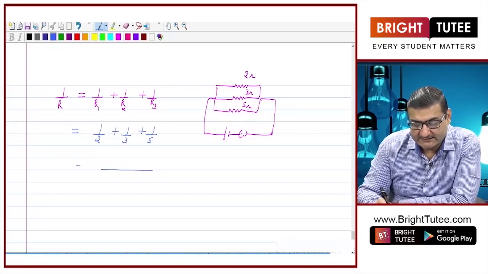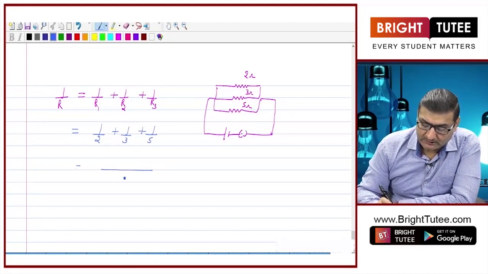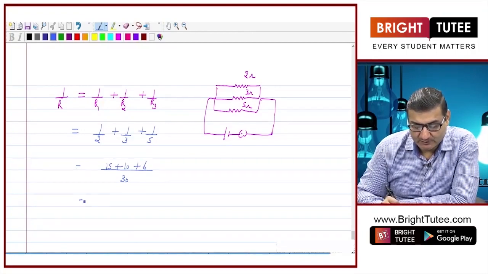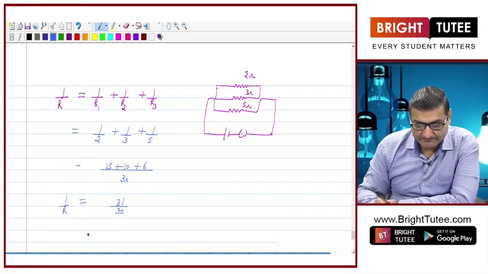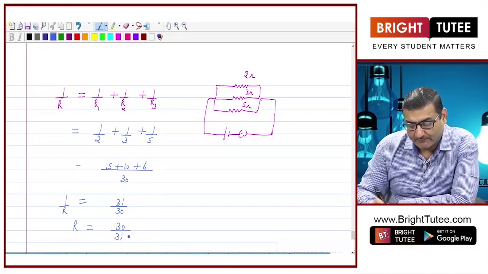Now, taking the LCM, it is 30, I will be getting 15 plus 10 plus 6. It comes out to be 31 upon 30, this is 1 upon R. So, I will take the reciprocal, R will be equal to 30 upon 31 ohms.